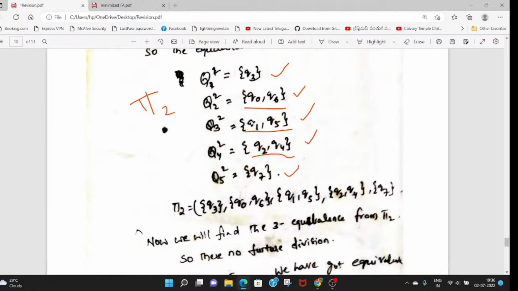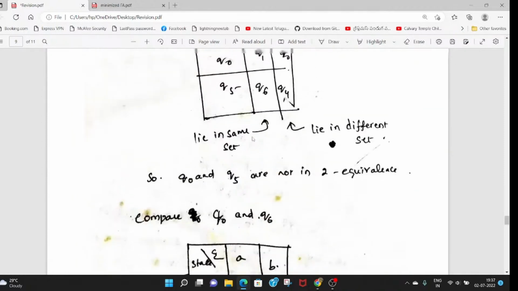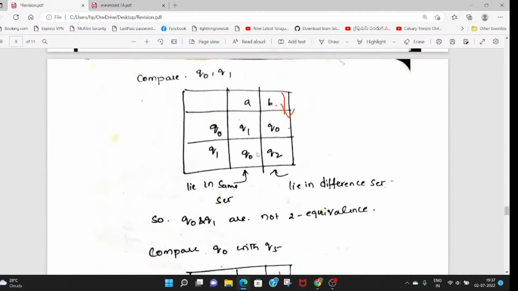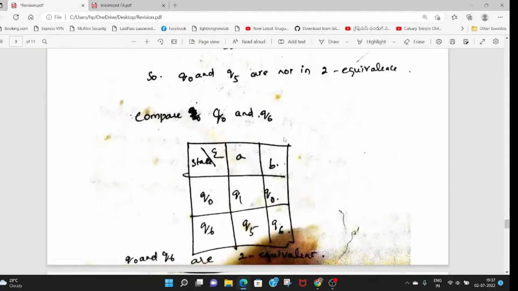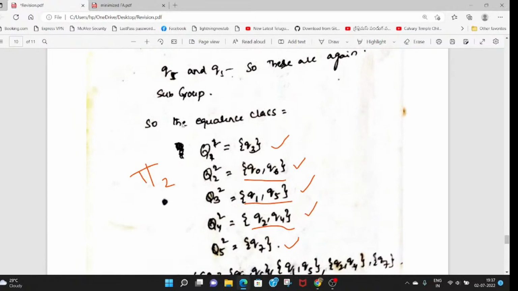Now you are finding Q1, Q5 is in the same state and Q0, Q6 is also in the same state. So Q0, Q6 will be in the same group itself. And you compare Q1 and Q5.